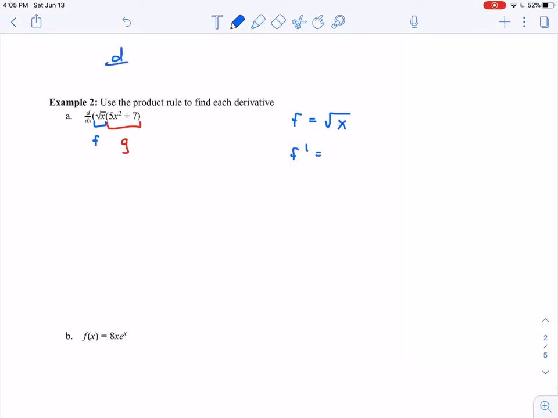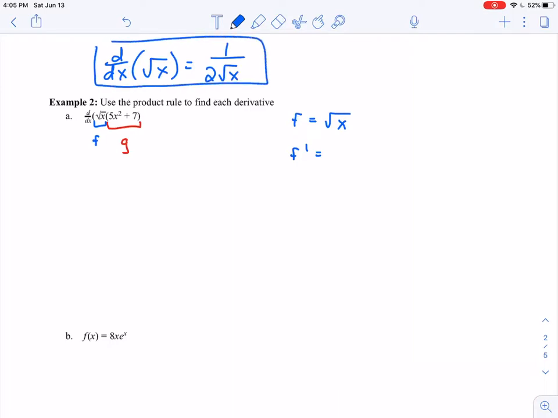We said the derivative of square root of x was equal to 1 over 2 radical x. Right now this is sort of just given as a formula, but later on in this section we will talk about how to show that this is the case. We'll actually give a reason for why this is. So f prime is 1 over 2 radical x.